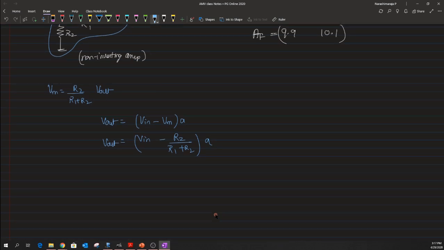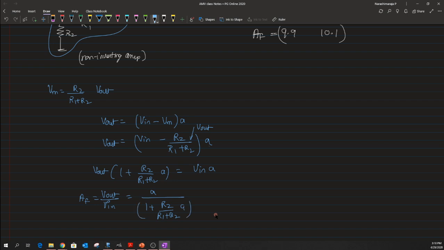So that one could express V out by Vin on the left, and on the right what we have is A, the gain that has been multiplied, so that V out by Vin, which is nothing but our feedback gain expression, is equal to A divided by 1 plus A times R2 divided by R1 plus R2.